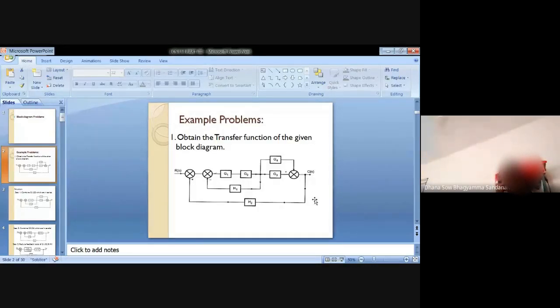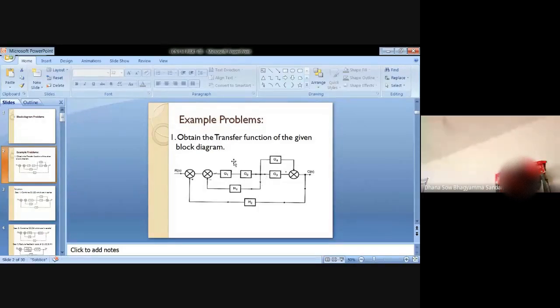Initially, what comes to your mind? What we have seen just now are 6 steps. In those 6 steps, step number 1 was to combine the cascade blocks or series blocks. In this diagram, G1 and G2 are connected in series.